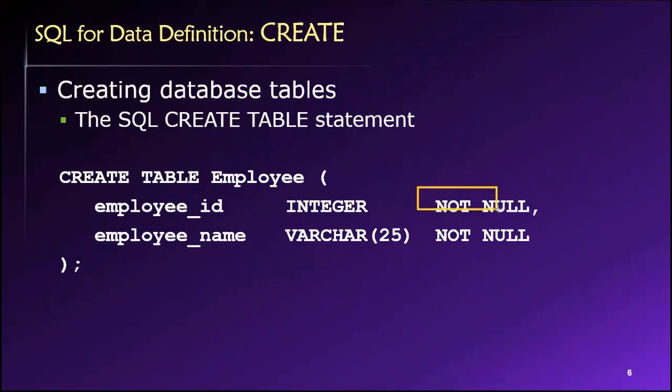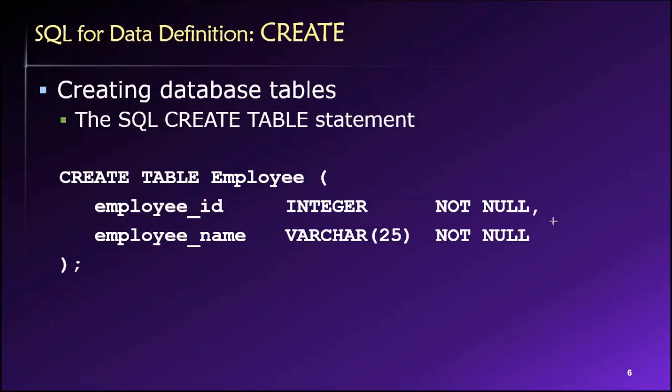And we specify its null status. We learned in our last topic about null values. So we're saying here that null values are not allowed for this employee ID attribute. That is, whenever we create a new row in our employee table, we must provide an employee ID. Null values are not allowed.